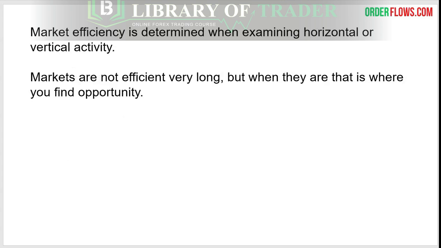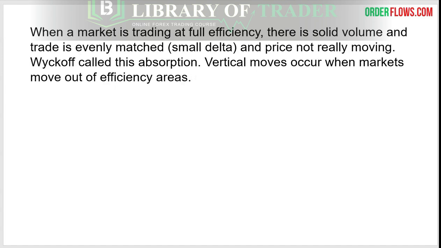So market efficiency is determined when examining horizontal or vertical activity, right? Markets are not efficient very long, but when they are, that's when you're going to find the best opportunities. So when a market is trading at full efficiency, right, there's solid volume and trade is evenly matched, you got small deltas, price is not really moving. Wyckoff called this absorption, right?